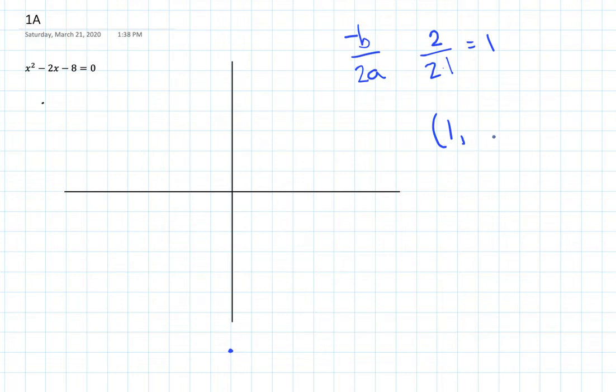To get the y value, I need to plug it back in for my x's here. So 1 squared is 1, minus 2 times 1, minus 8. So 1 minus 2 is negative 1, minus 8 is negative 9. So that means my vertex is (1, negative 9).